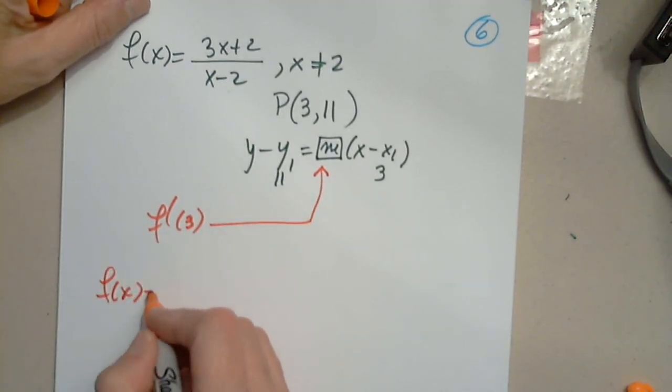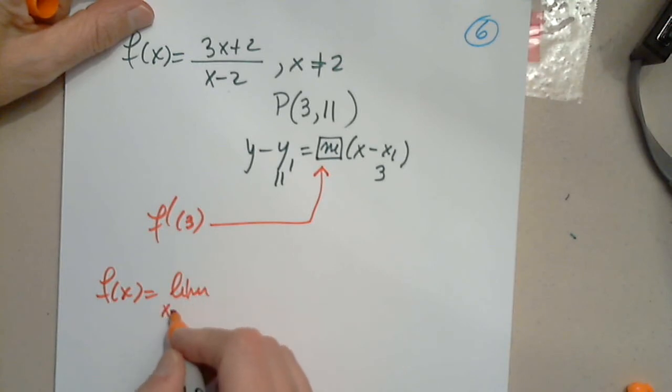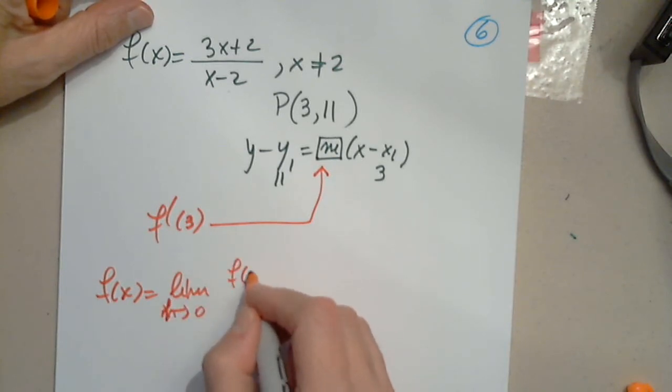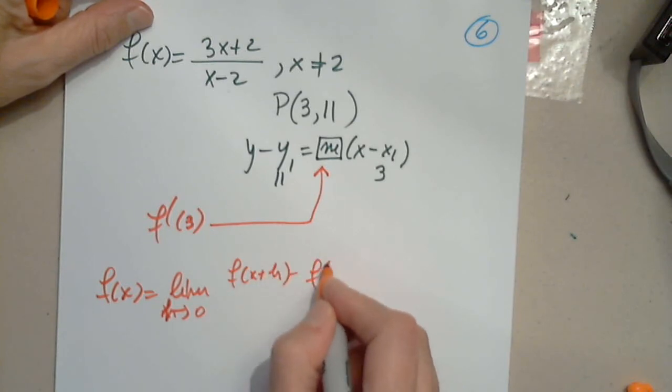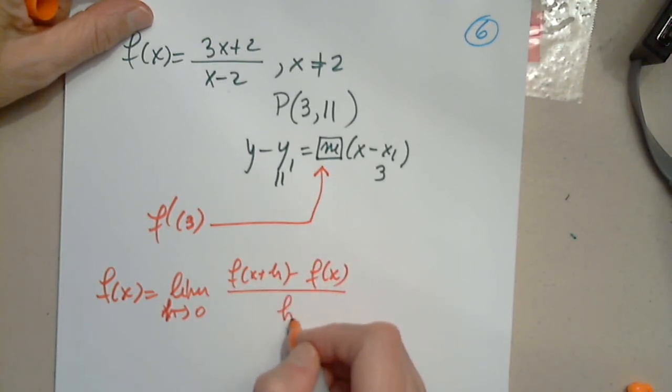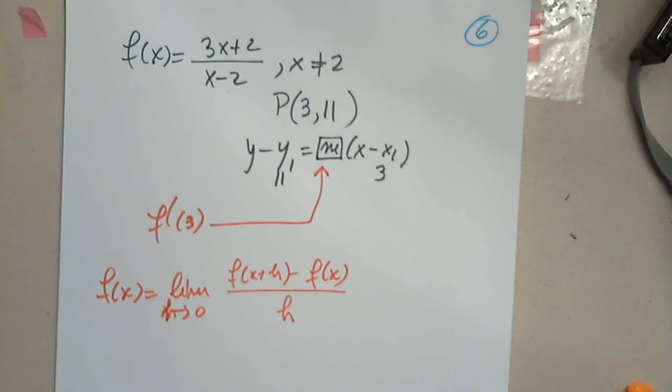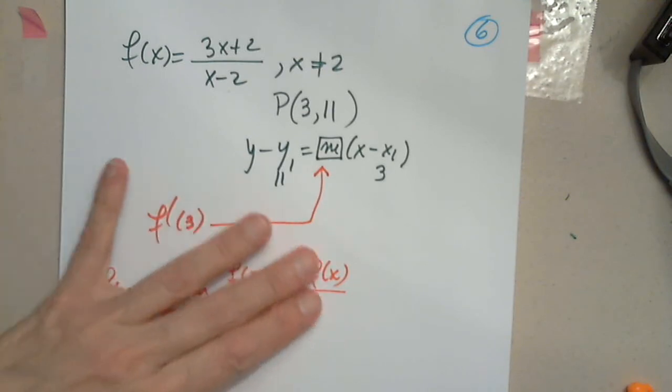So if that's the case, then I have the limit as h approaches 0 of f of x plus h minus f of x, divided by h. This is the definition of the derivative as the limit of the difference quotient.